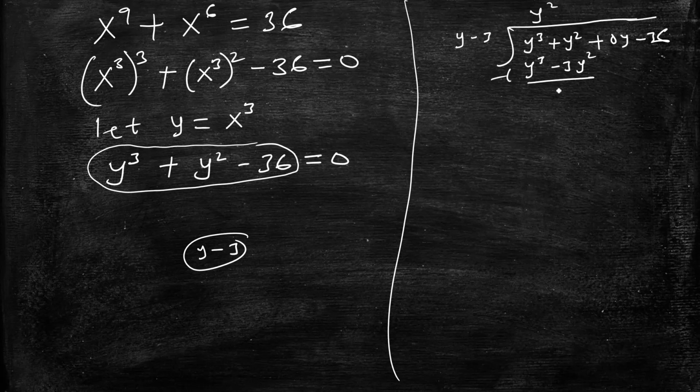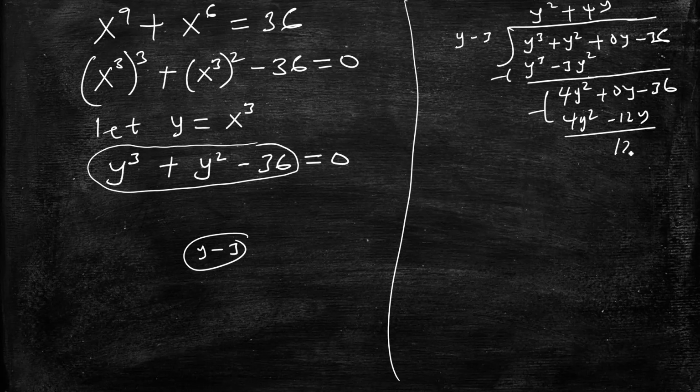So let's add 0y, then minus 36. y into this comes plus 4y, 4y times that is 4y squared minus 12y. Let's subtract, so we have 12y minus 36.